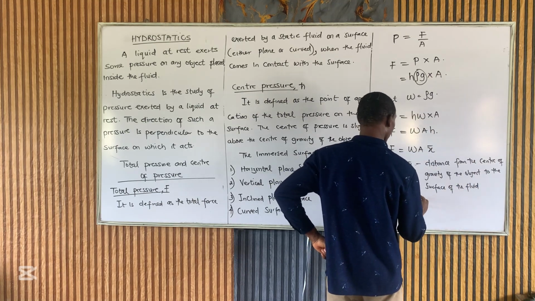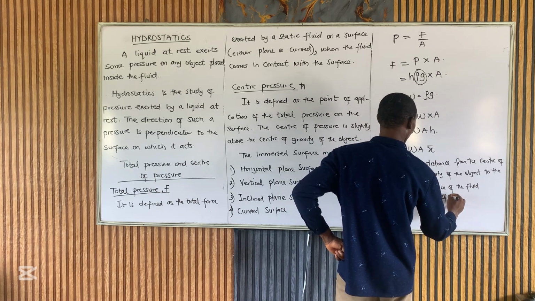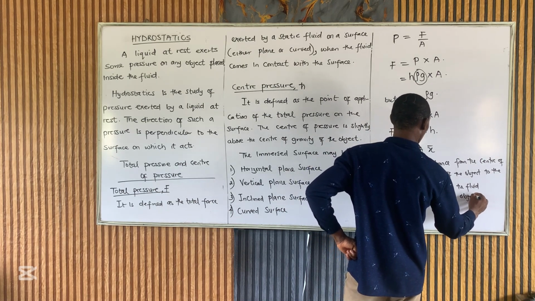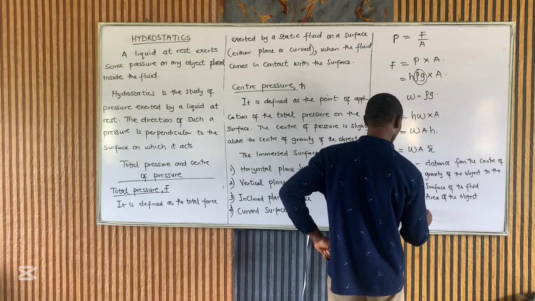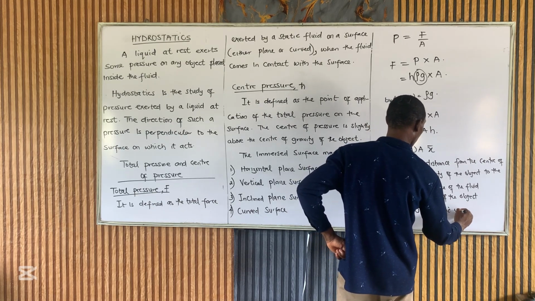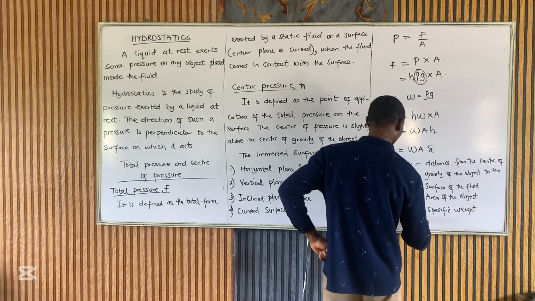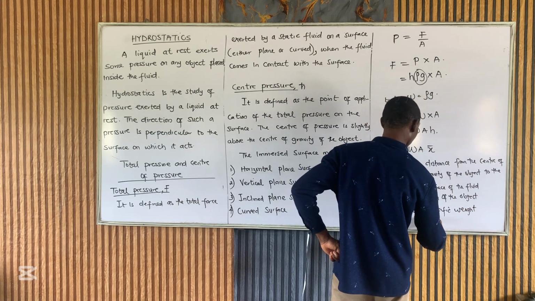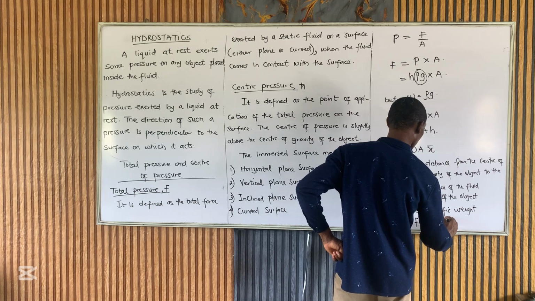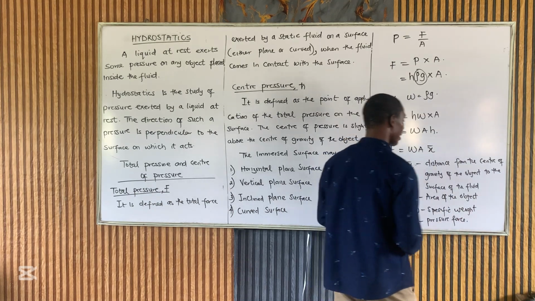A means the area of the object. We understand that W means specific weight. And then F is the pressure force. So that's that about that.